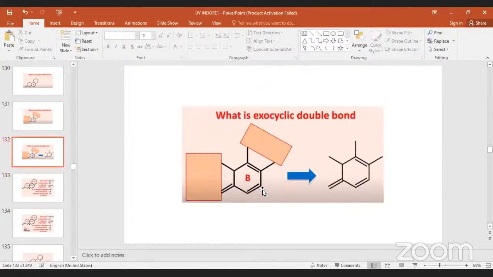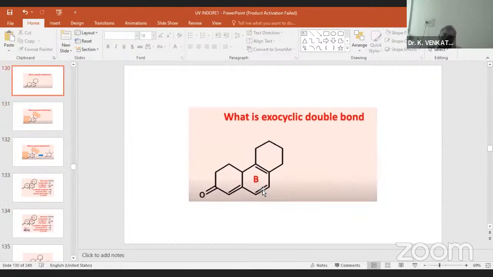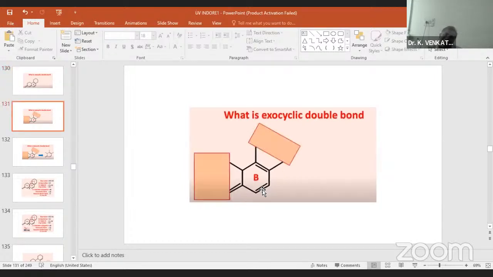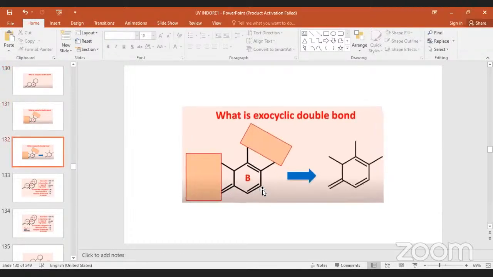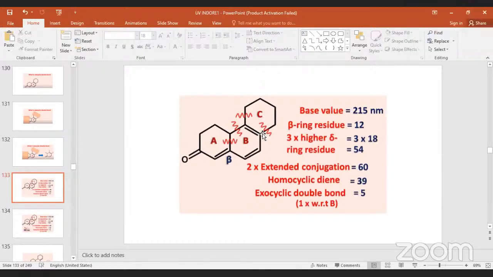So, no, wait. Ring B is possible, and ring C is not possible, ma'am. It's not possible. Why, sir? Six carbons. They are connecting 2 carbons. In ring C, how many carbons are connected to this double bond? 2 carbons.